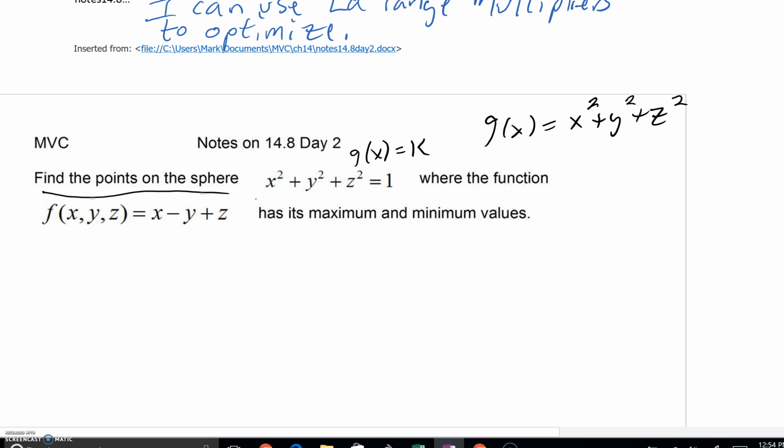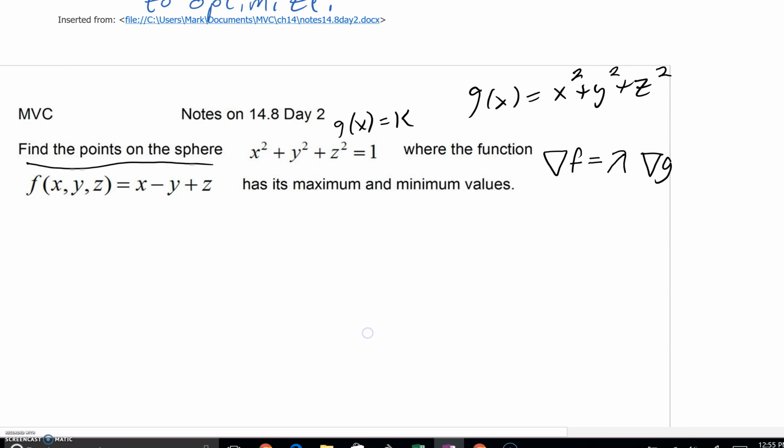So we want the points on that sphere where another function, f, has its maximum and minimum values. Now, Lagrange multipliers will say that the gradient of f is going to be a scalar multiple of the gradient of g. And really we're using lambda as that constant.